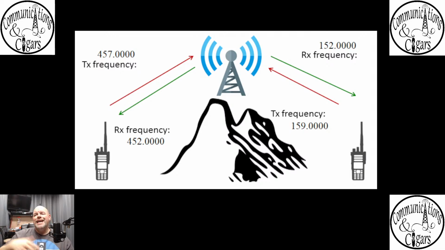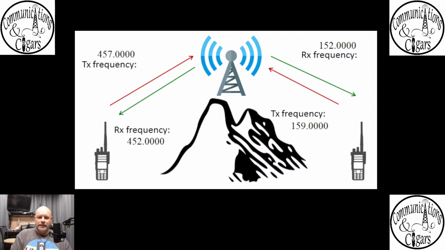In addition to that, you also have unidirectional crossband repeating, and it's just that: unidirectional. You go in on one frequency, whether VHF or UHF, and you come out on the opposite band's frequency. If you go in UHF, you come out VHF. You go in VHF, you come out UHF.